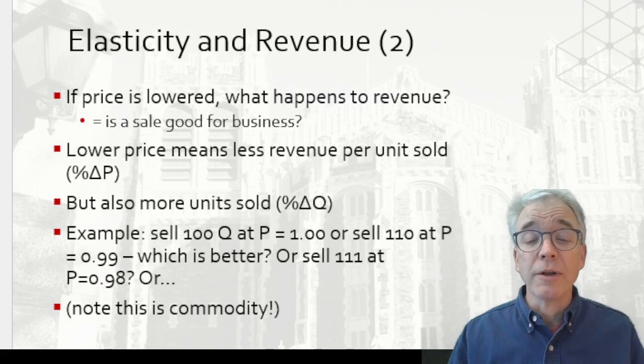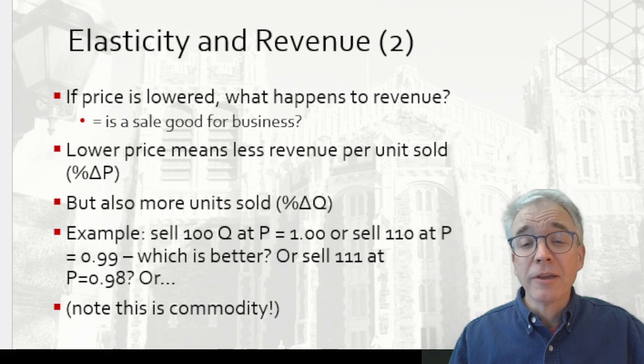Changing the price from $1 to 99 cents means they make a penny less on everything they sell. But they sell a whole bunch more, so they make it up. A penny less on the 100 that's sold means a total of $1 less, but they sell 10 more at 99 cents each. That's $9.90 more. That's net good for business revenue.